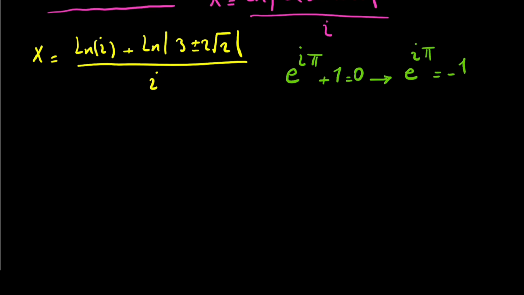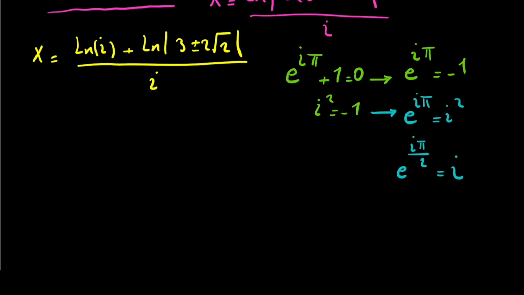And you know that i squared equals minus 1. So how can you write this? You can write e to the power of iπ equals i squared. So you can write e to the power of iπ divided by 2 equals i.